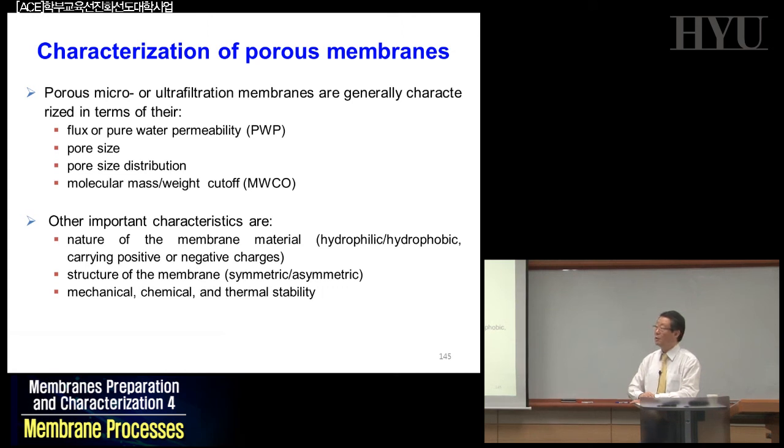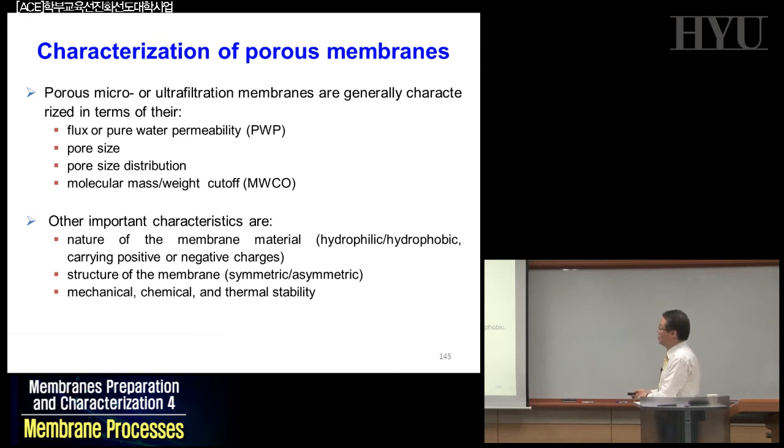So if the molecular weight cutoff is 1,000, that means you can separate molecules with a molecular weight higher than 1,000 with 90% probability. If it's lower than 1,000, then those molecules can pass through. So molecular weight cutoff is very important for knowing the properties of your membrane, particularly ultrafiltration.